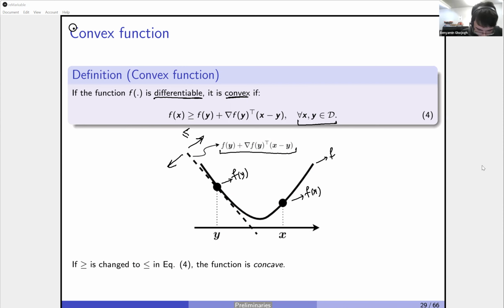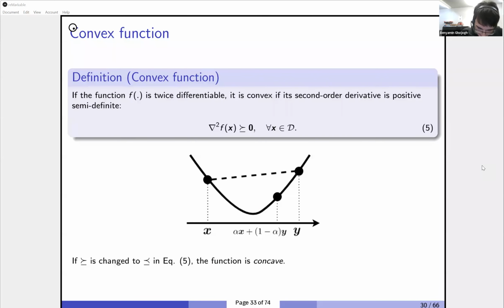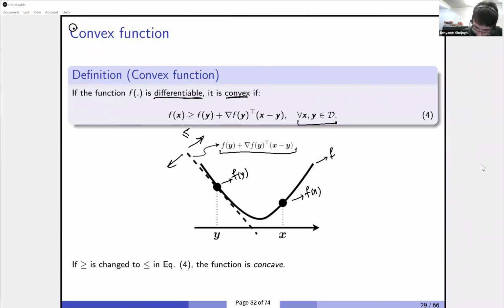A counterexample. Take this y, this as x. The tangent will be like this. f of x is here.